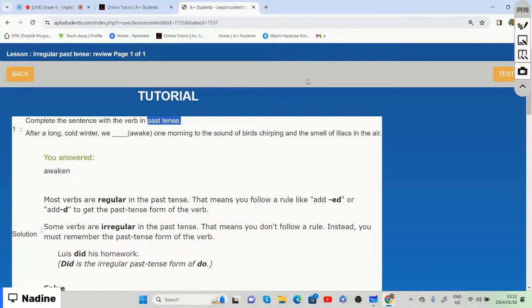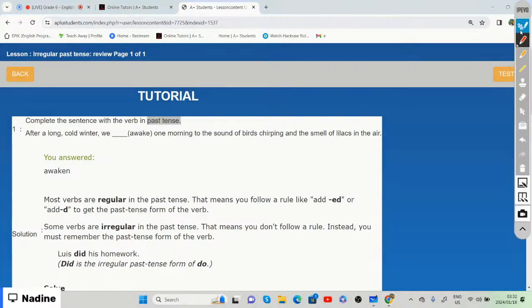So which means that if we have to complete the sentence with the verb in the past tense, then we say we awoke. Because wake is basically to woke, so awoke. Oopsie. So we awoke one morning to the sound of birds chirping and the smell of lilacs in the air.